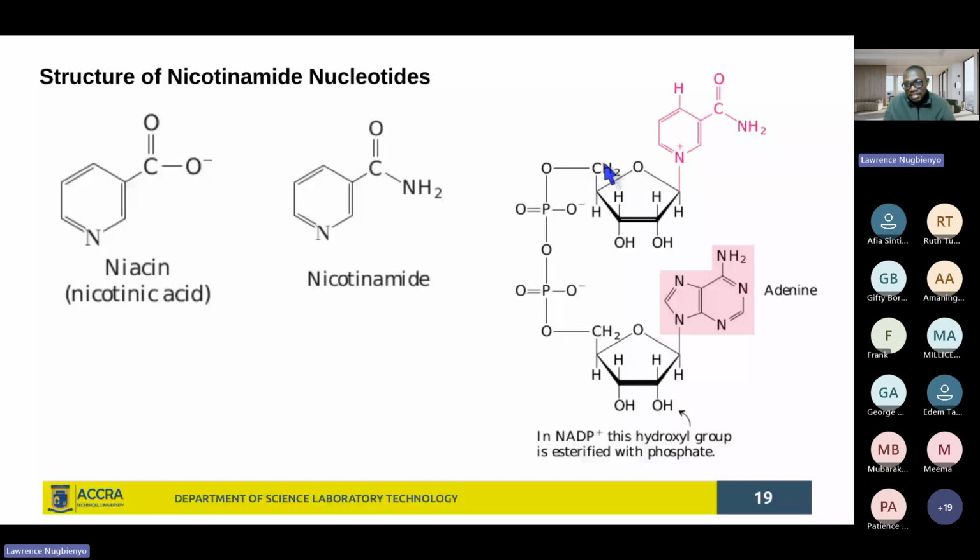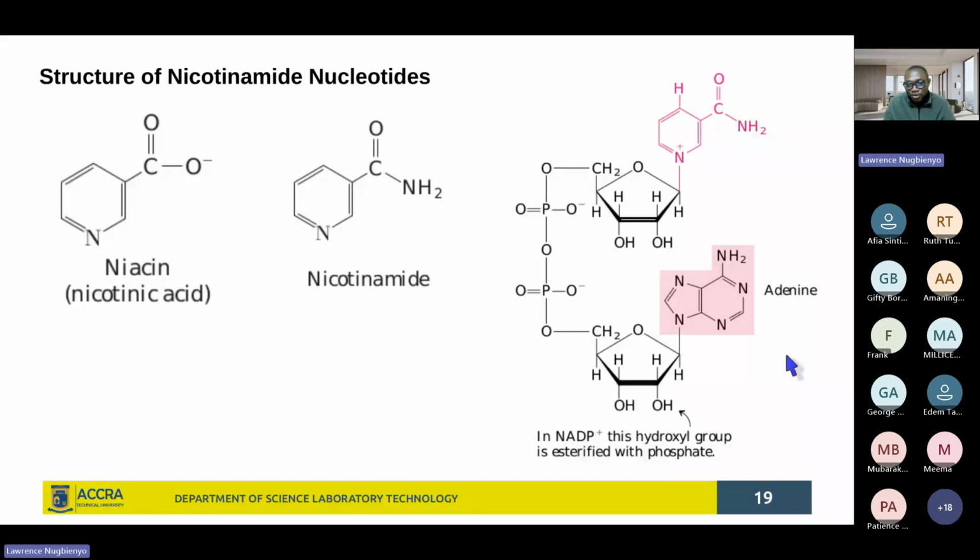And the nitrogenous base on that nucleotide is nicotinamide. So this is where you have the nicotinamide adenine dinucleotide. You have nicotinamide as one of the nitrogenous bases, then you have adenine, and the two molecules are nucleotides.